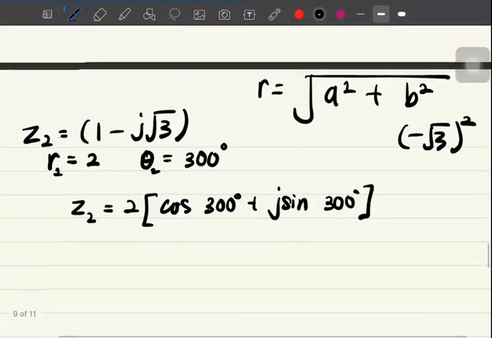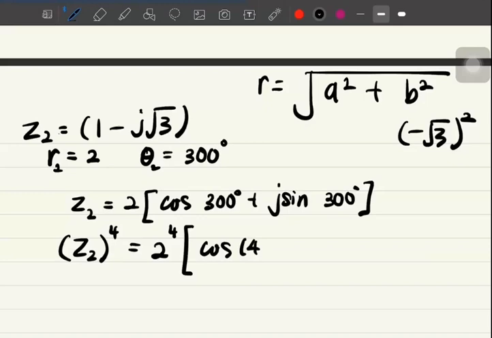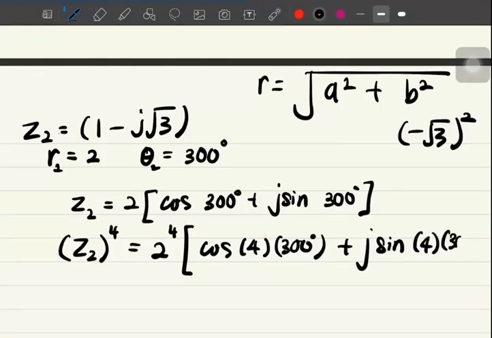Okay, so tapi yang awak nak adalah kuasa 4, kan? So kalau kuasa 4, so 2 kuasa 4. So again here cos 4 multiply with 300 plus j sin 4 multiply with 300 degrees.